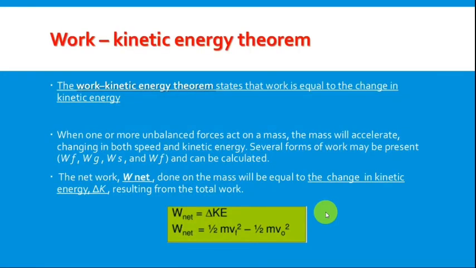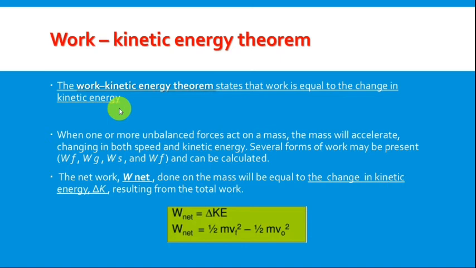The last thing we're going to talk about today is the work kinetic energy theorem. The work kinetic energy theorem states that work is equal to the change in kinetic energy. We said that before. For example, if there is an object at rest, this object has zero kinetic energy.